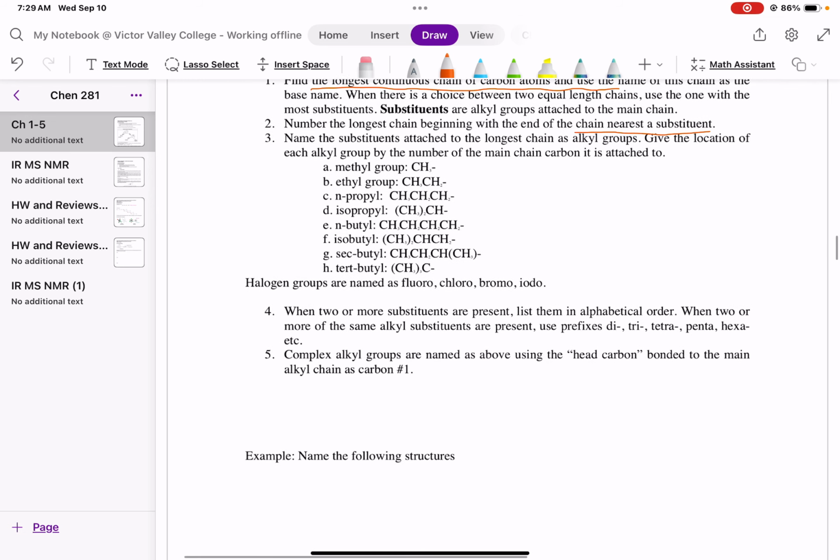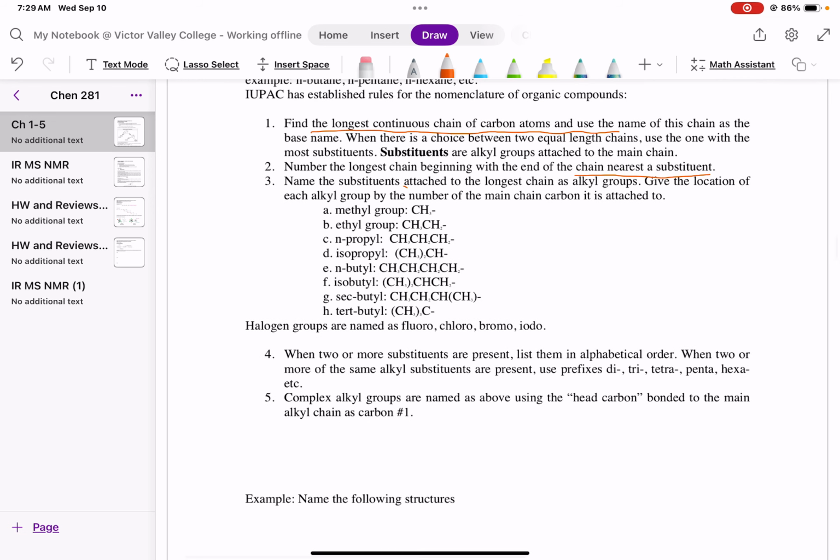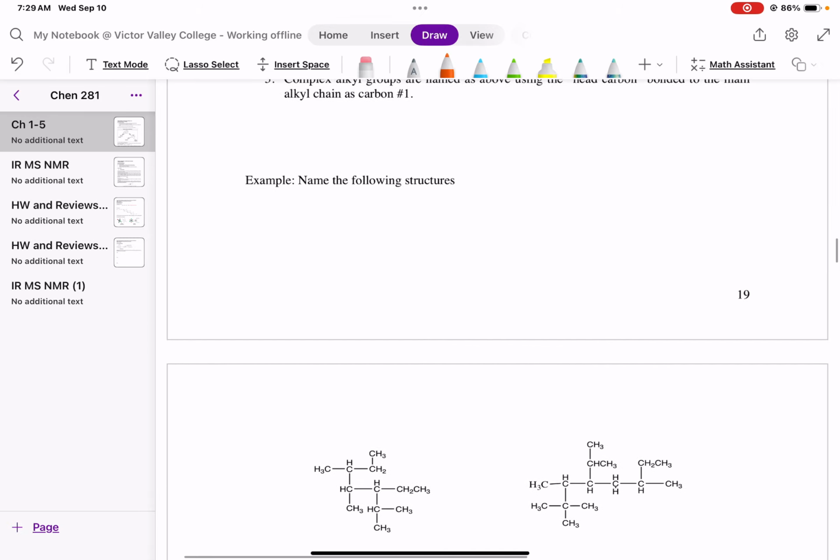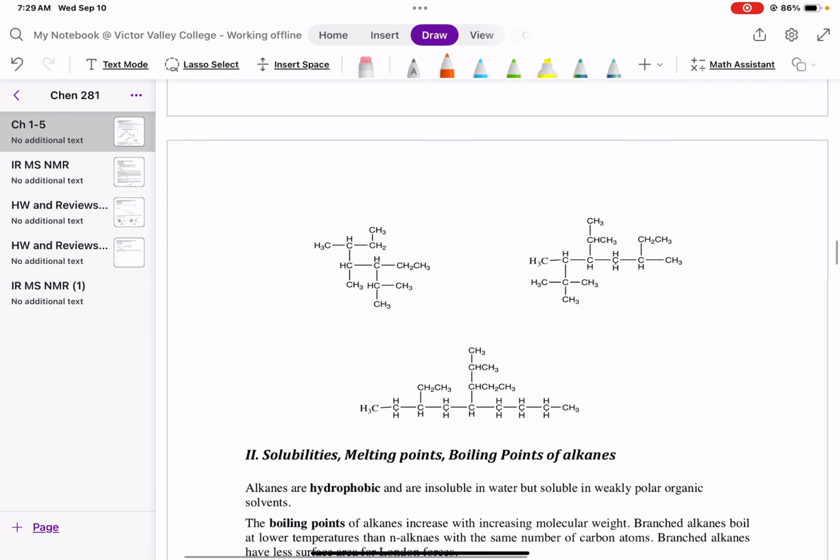Here are the names of the popular branches, halogens as well, and we have more. For example, we have this one. These are condensed formulas, so it's kind of hard to see, but we can do it, right?